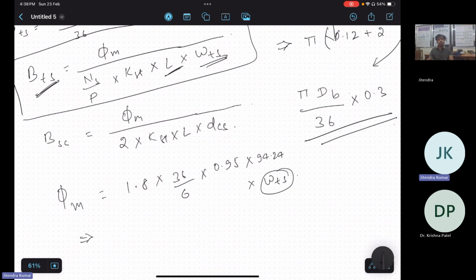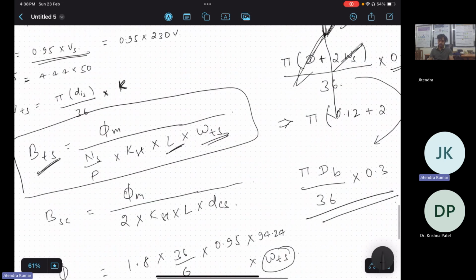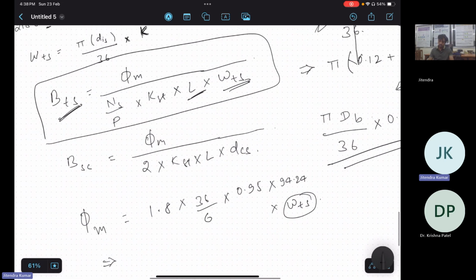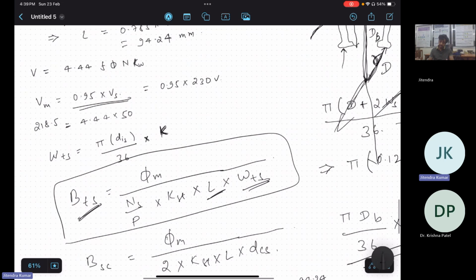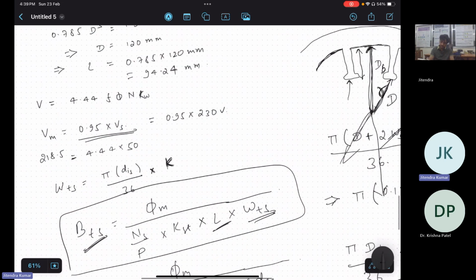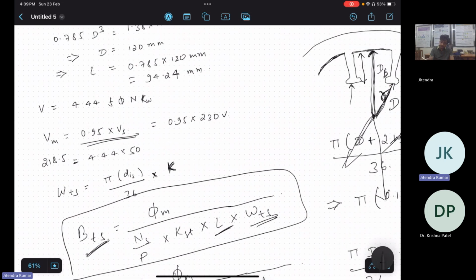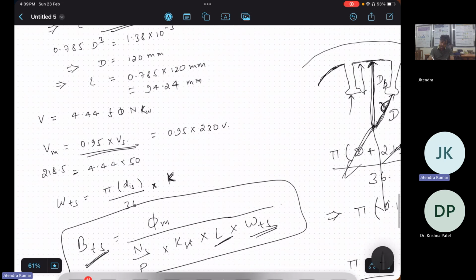Now the next step is you can plug in this value of phi m in this voltage equation here, right? And you know the number of turns. No, sorry, number of turns we have to calculate. You know the winding factor.